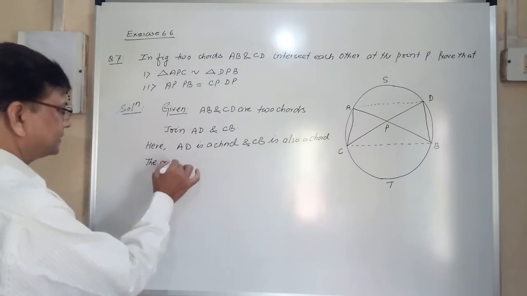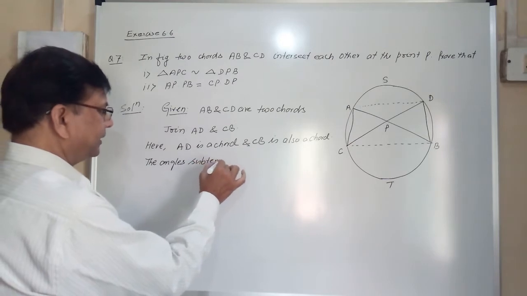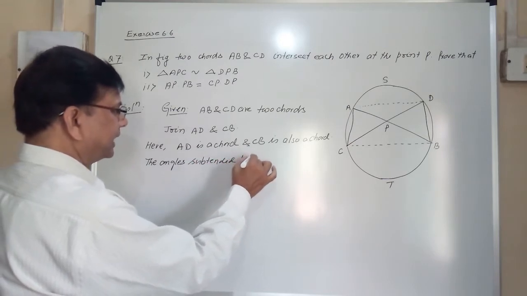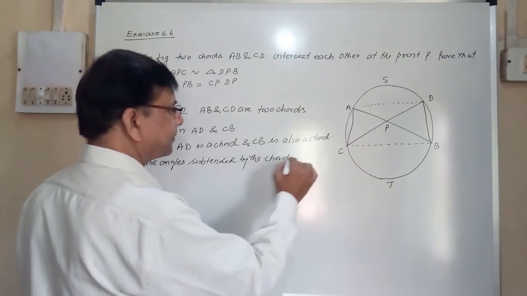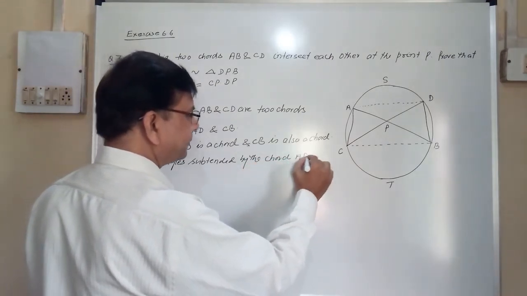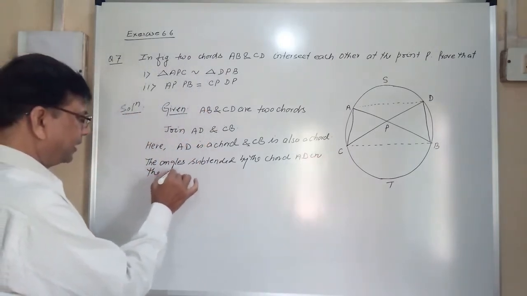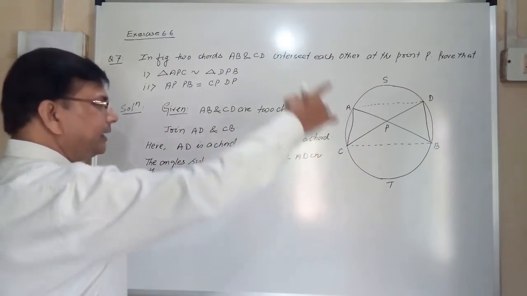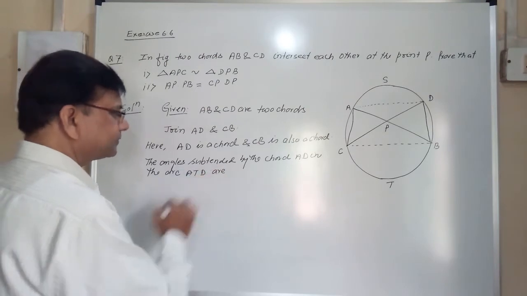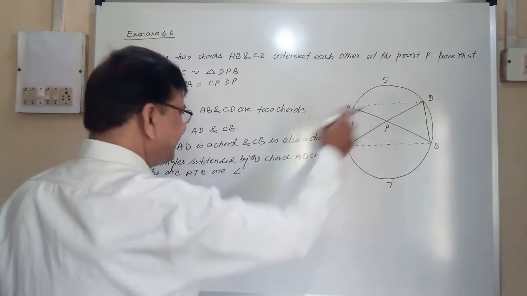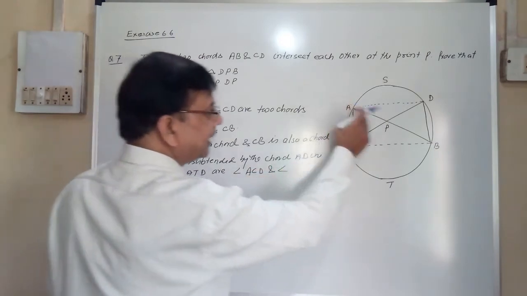The angles subtended by the chord AD in the arc ATD are angle ACD and angle ABD.